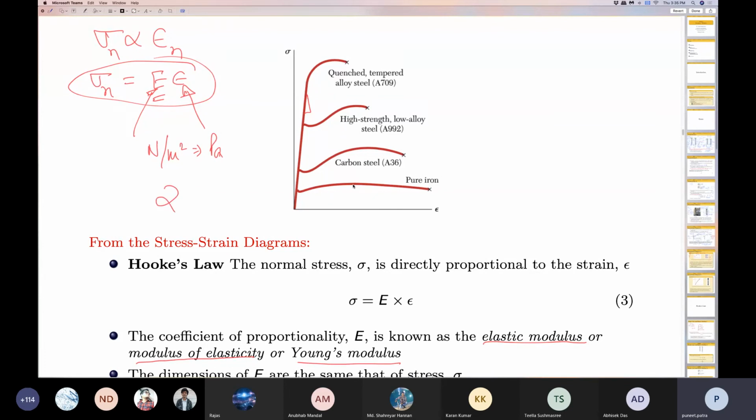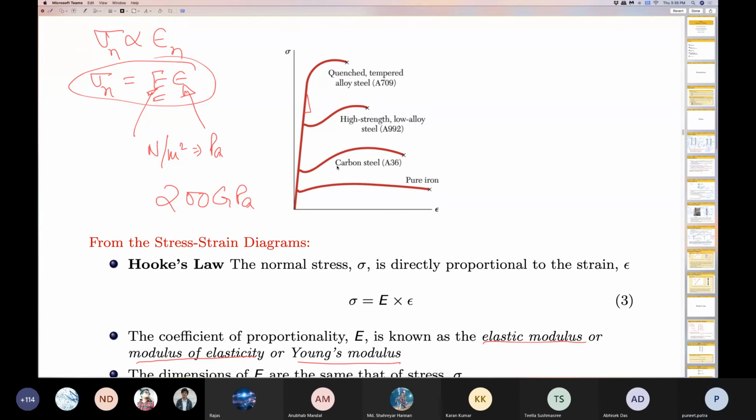It is something of the kind 200 GPa or 210 GPa. For aluminium, it is something like 70 GPa or 75 GPa, something of that magnitude. So you can see that it is very large. 1 GPa is what? Of the range of 10 to the power 9. So keep these things in mind.